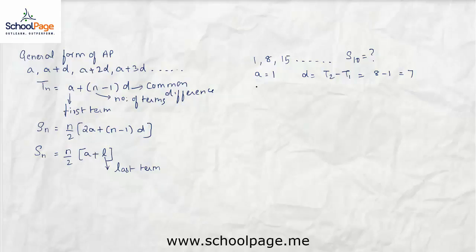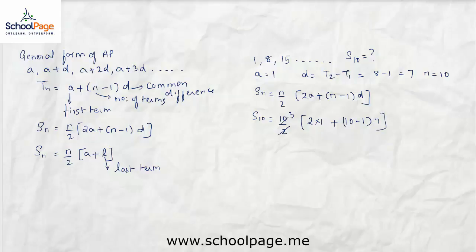So let us use Sn is equal to n by 2 into 2a plus n minus 1 d. Let us put the values. Here we also know that n is equal to 10 because we have to find the sum of 10 terms. So S10 is equal to 10 by 2 into 2 into 1 plus 10 minus 1 into 7.